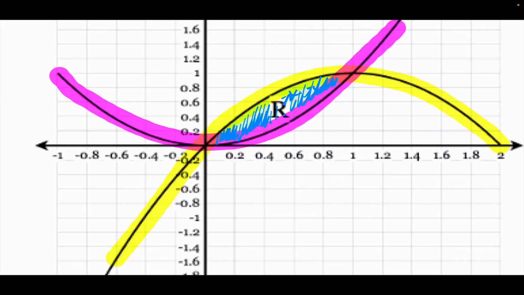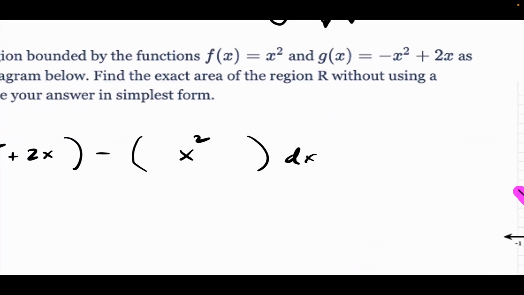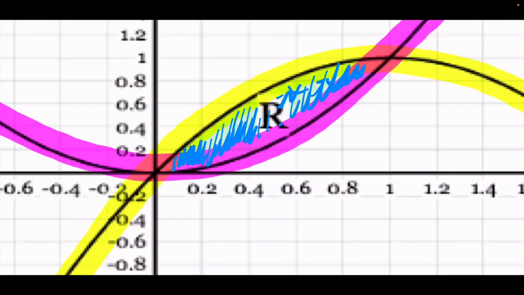Bounds. Where do the bounds go? The bounds for these guys go from left to right. In other words, I'm asking you, where are the bounds of region R? Where is region R closed off from left to right? Okay, so I need points.